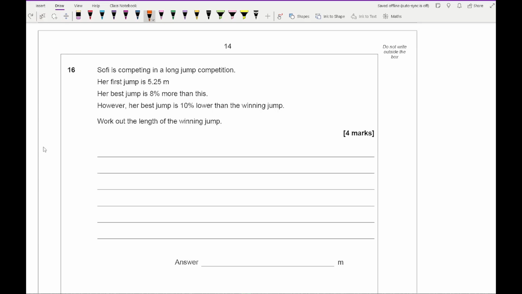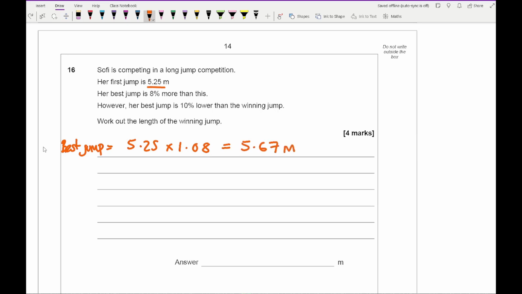So for this, what we need to do is first of all work out what her best jump is. So we're doing 5.25. Now it's going to be a percentage increase of 8%, so that's going to be multiplied by 1.08. So we've got 5.25 multiplied by 1.08, which gives me a distance of 5.67 meters.